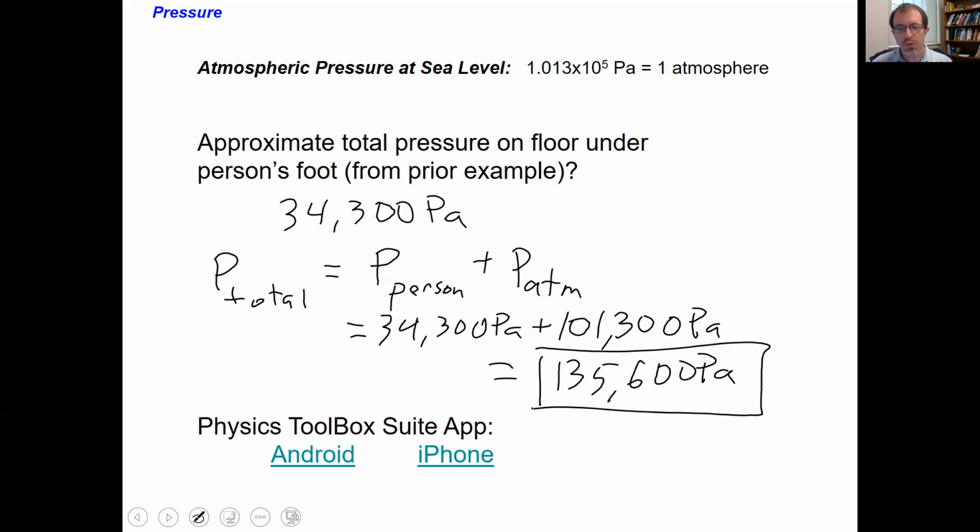While atmospheric pressure at sea level may be 101,300 pascals, here in my office at Radford University on the third floor of my building, it's currently 95,950 pascals. All right, but in most cases, that number for air pressure at sea level is going to be good enough for problem solving that we'll do unless we're told otherwise.